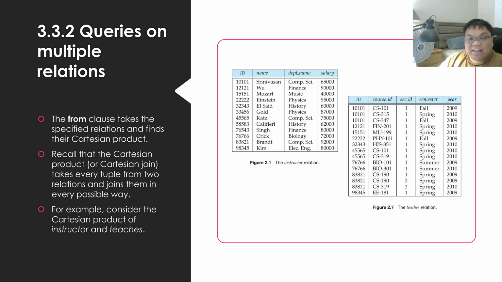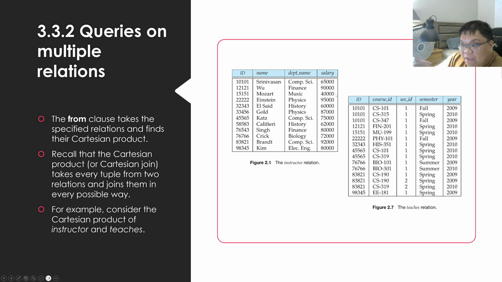Let's start at that from clause. The from clause takes the specified relations and finds the Cartesian product of those 2 tables' rows. So this is also called a Cartesian join. We take one row and then produce a new row where it is combined with every row in the second table.